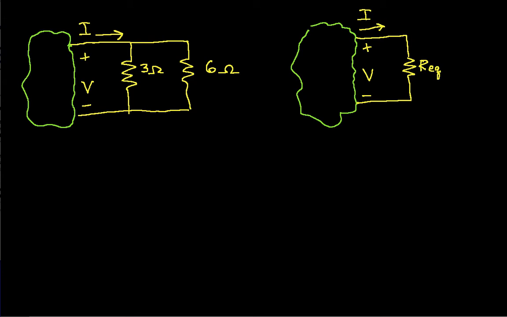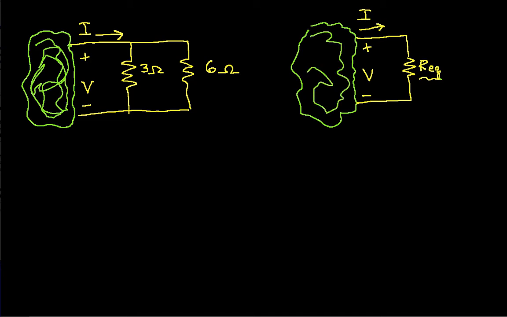But the question is, how can we say that a single resistor, in this case R equivalent, is equivalent to this parallel combination of the 3 ohm and the 6 ohm resistor? The way we say that two resistors, or in fact any two circuit elements, are equivalent is that the rest of the circuit, that's basically all this stuff out here that's connected to these two resistors, or connected to the equivalent resistance, sees the same voltage-current characteristics for both.